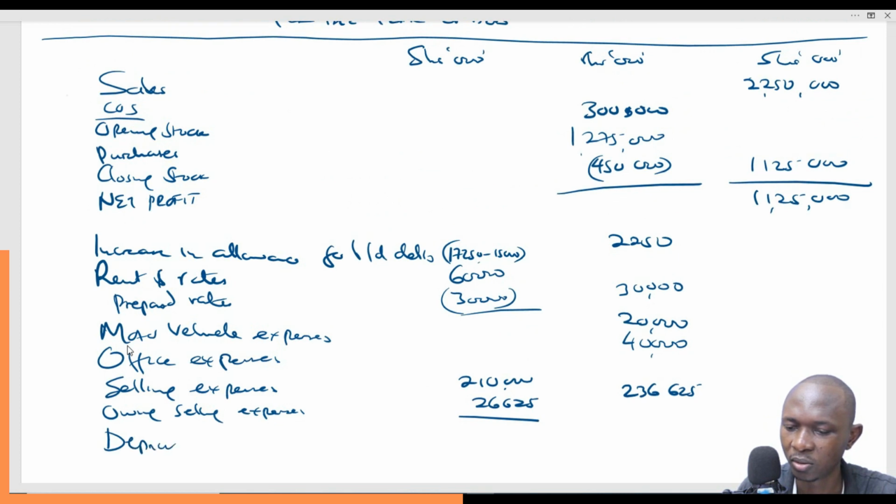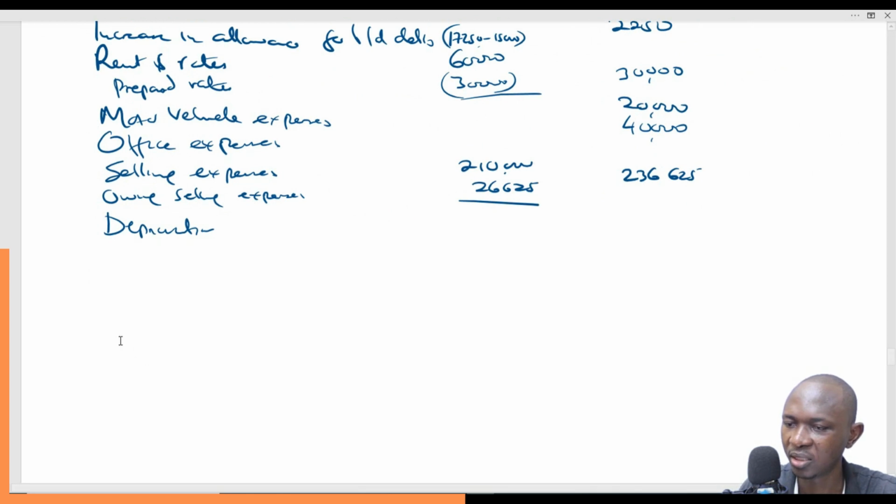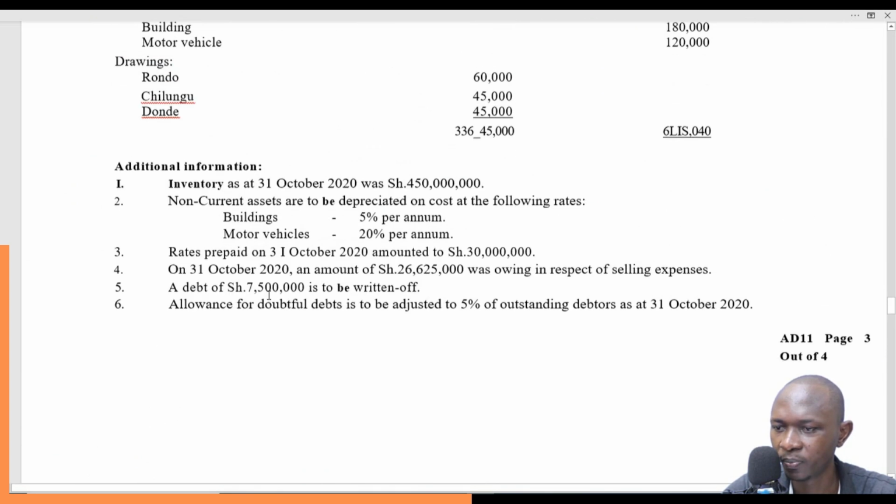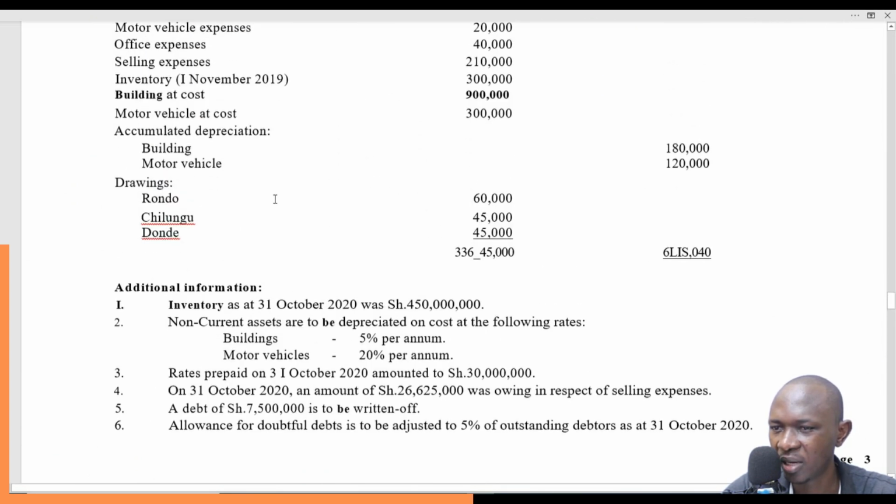So depreciation on buildings, 45,000. We can have both depreciations. The other depreciation is on motor vehicle, 20% per annum.